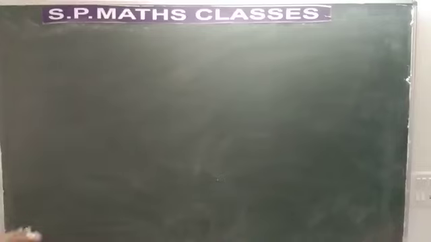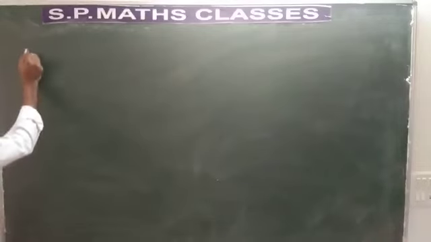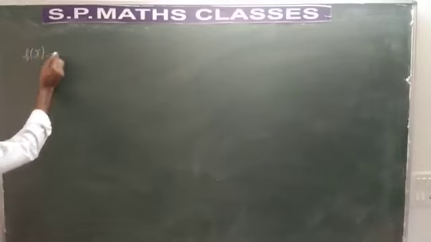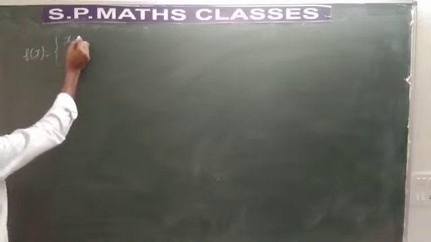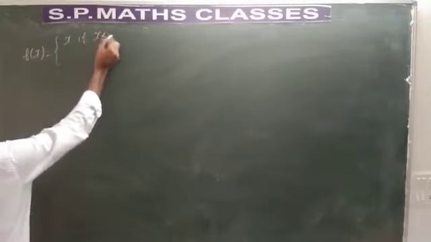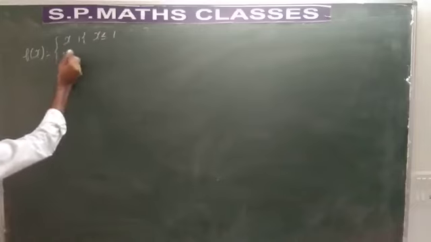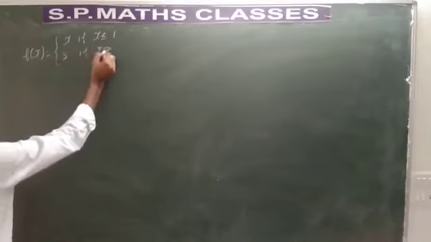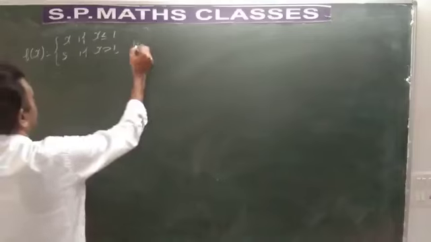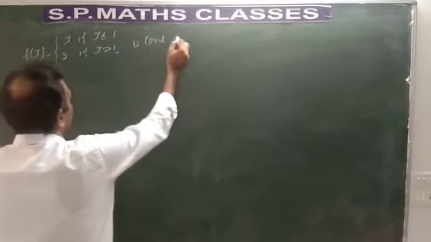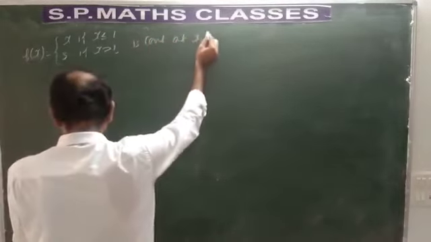Is the function defined by f of x equal to x if x is less than or equal to 1, 5 if x is greater than 1, continuous at x equal to 1?